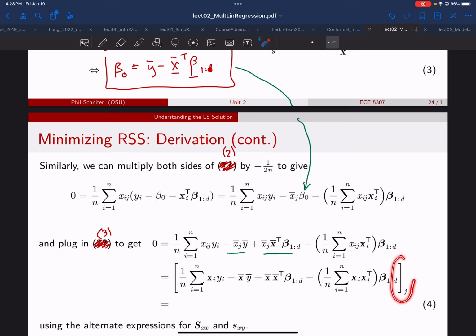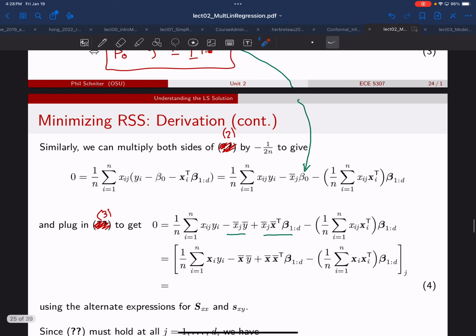Over here, notice I'm writing jth term, and I'm replacing this with the xi vector. Over here, I'm saying that this is the jth term in the x bar vector. This is the jth term in the x bar vector, and then this is the jth term in the xi vector. So making those substitutions, all of a sudden things look a lot nicer inside the square brackets. And maybe you can even see what the answer is.